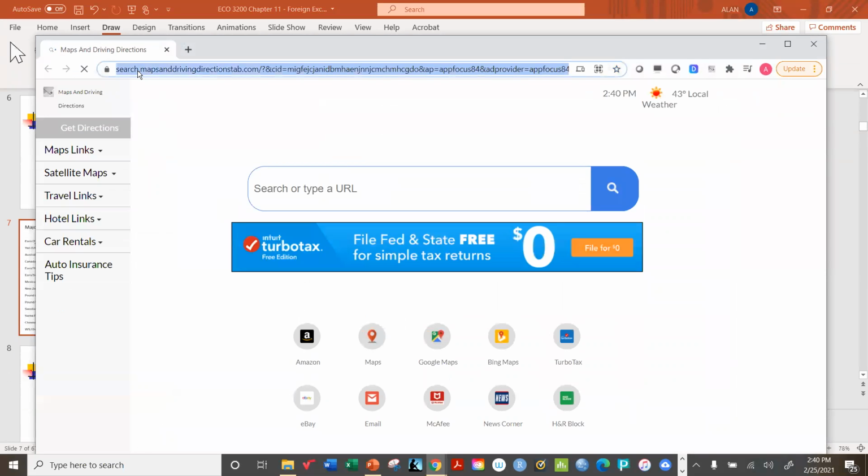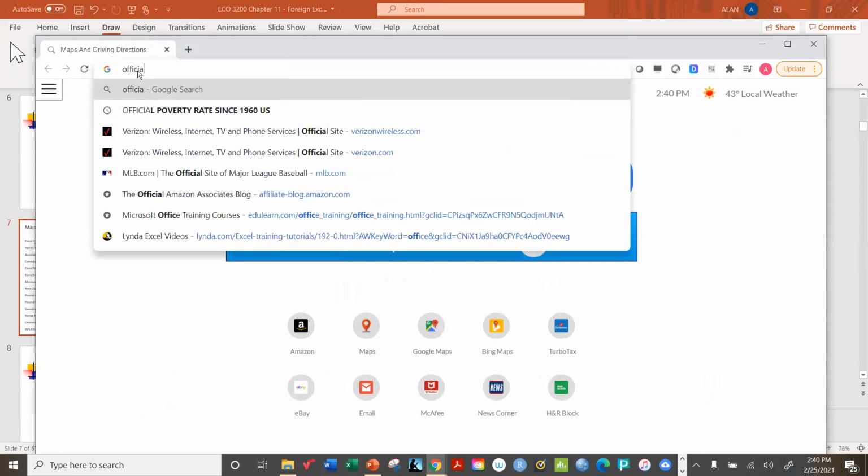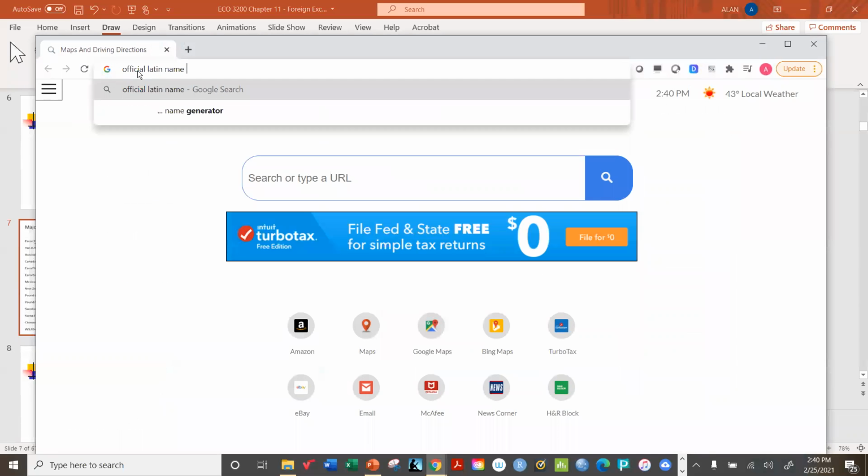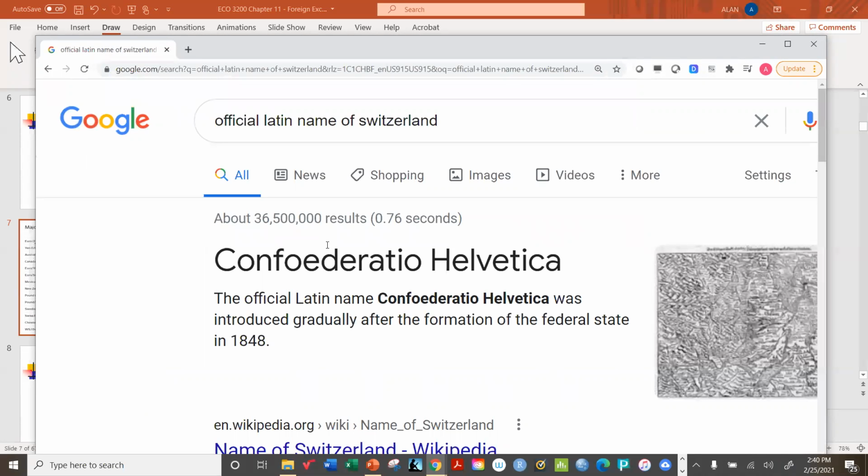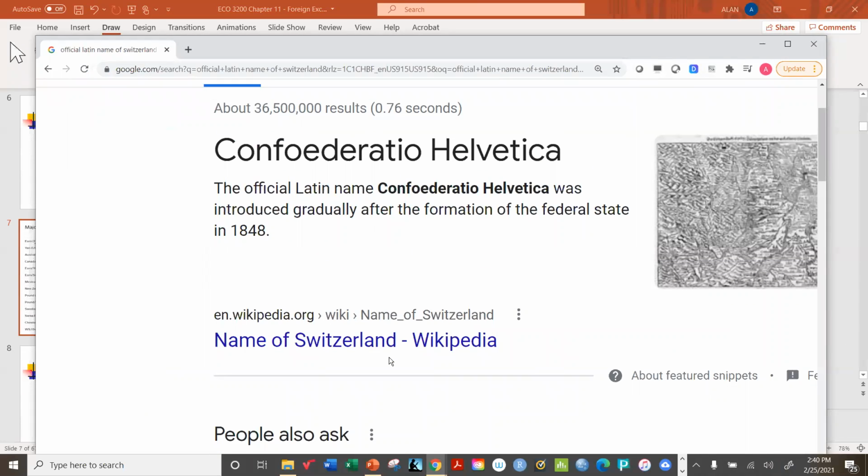Because while we call the country Switzerland, their official name is very different. It's a Latin name. That's it right there. The official Latin name for Switzerland is Confederatio Helvetica, which is the name given to the country after they were founded in 1848. So you can see CH means Confederatio Helvetica. And so it's stuck ever since. And we call the Swiss franc CHF.